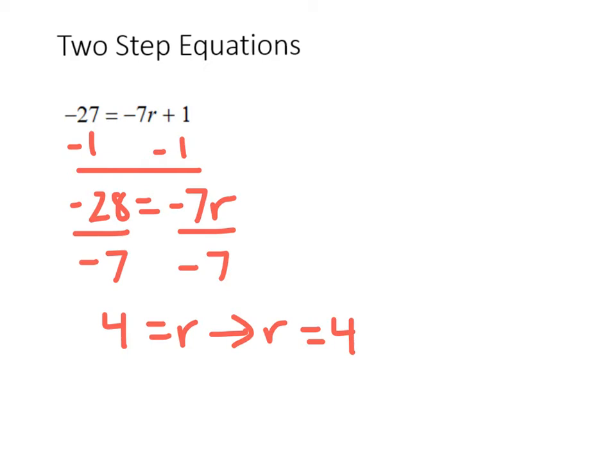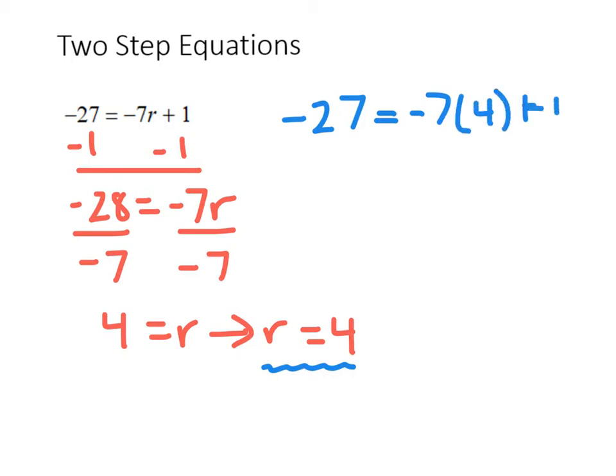Now the last part of this is to check your answer. What that means is you're going to take this value of r equals 4 and plug it back in to the original equation. So I could say negative 27 equals negative 7 times 4 plus 1.